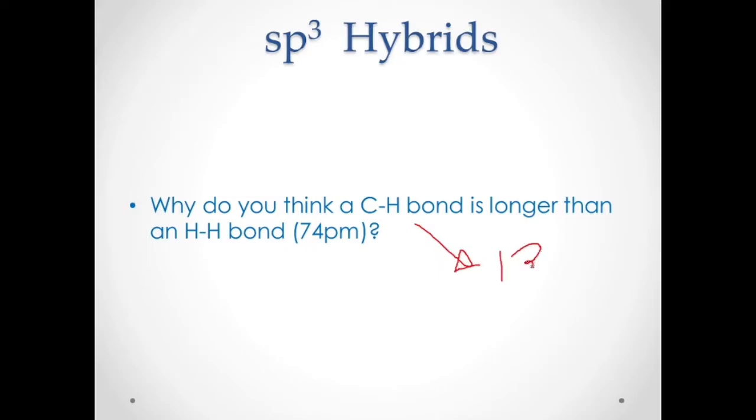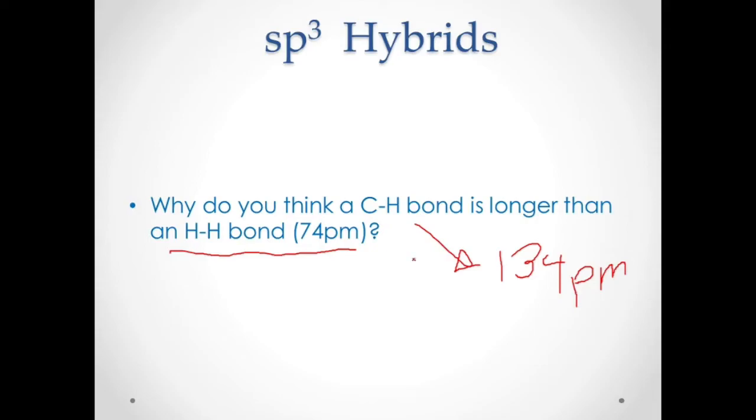I already discussed that earlier. While for the HH bond, that is only 74 picometer. So why do you think that the CH bond is longer than an HH bond?